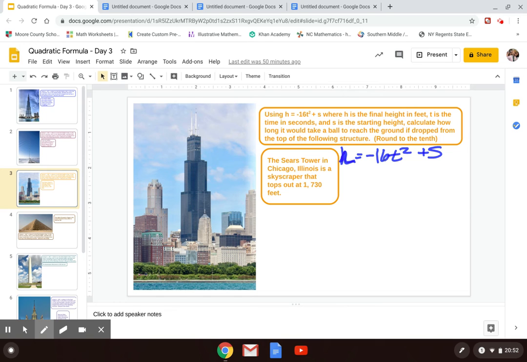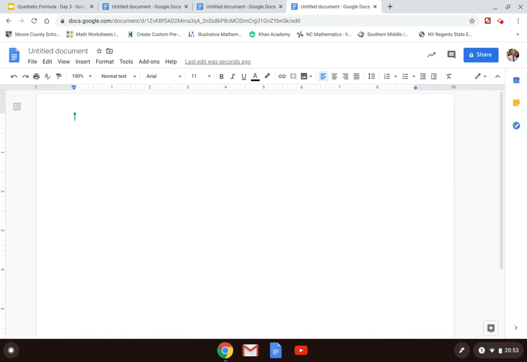Again, we're looking for how long it would take the ball to reach the ground, so we're looking for ground 0. It says the Sears Tower in Chicago, Illinois is a skyscraper that tops out at 1,730 feet. So my next value there is going to be 1,730.